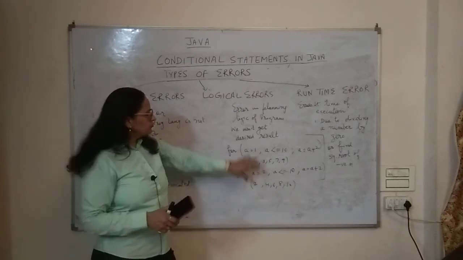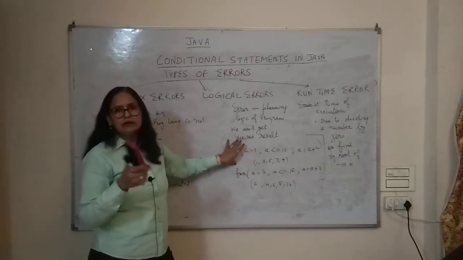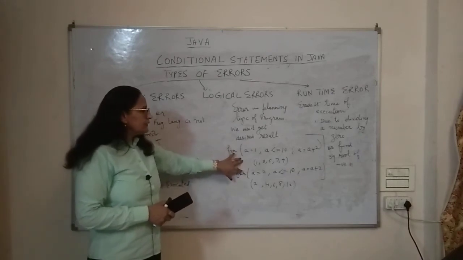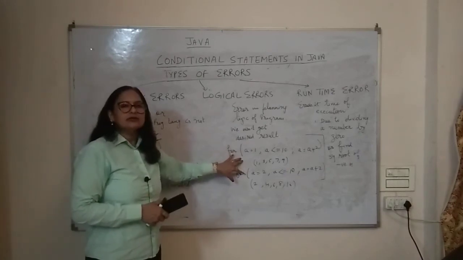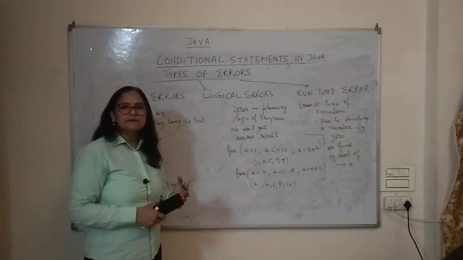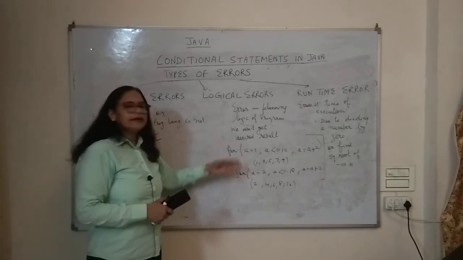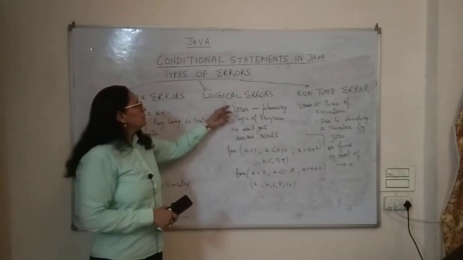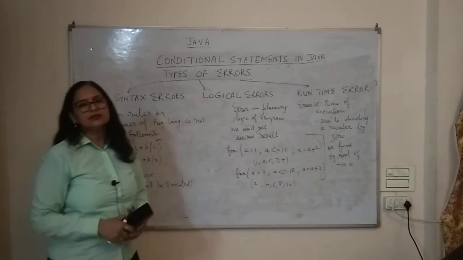My dear friends, if the programmer or any student of Java language gives the logic of printing the odd numbers when they wanted to print the even numbers, then obviously there will be a logical error, because the logic is wrong.